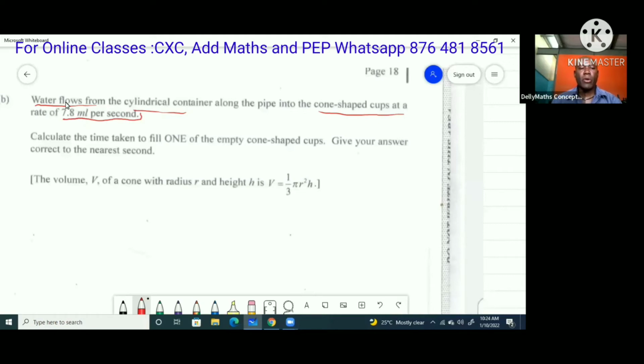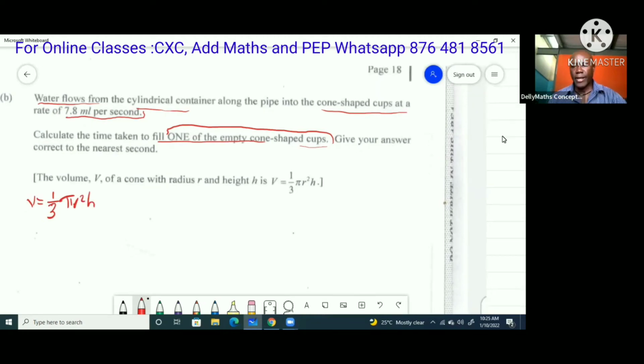They want us to calculate the time taken to fill one of the cone-shaped cups. In order to find out, we need to get the volume of this cup. The volume of a cone is 1/3 pi r squared h.